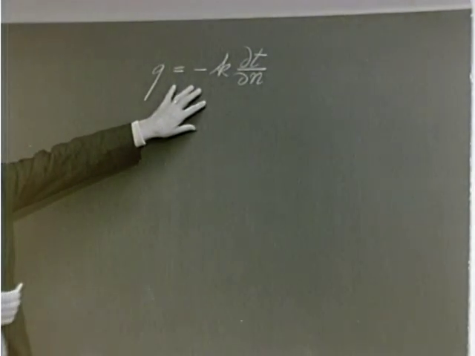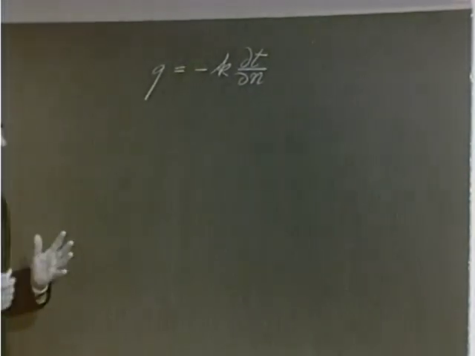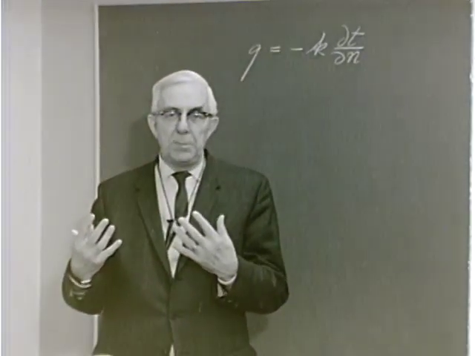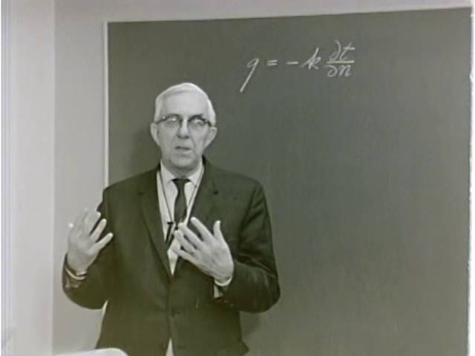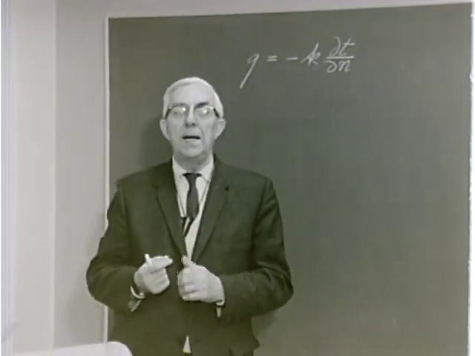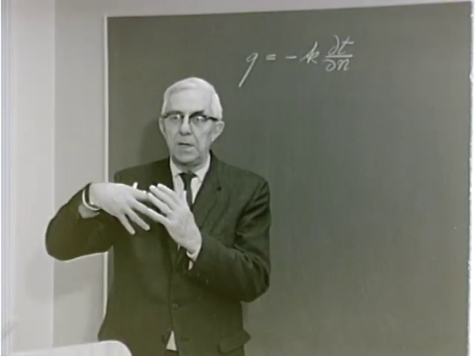Just to repeat what this equation really means: if we have a medium in which we have a temperature field, and the temperature field is unsteady, meaning it changes in time, then there will be surfaces of constant temperature.